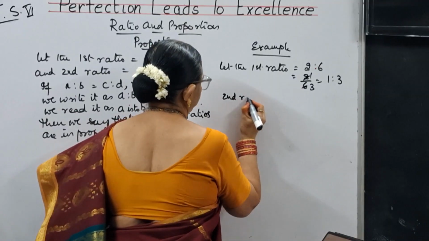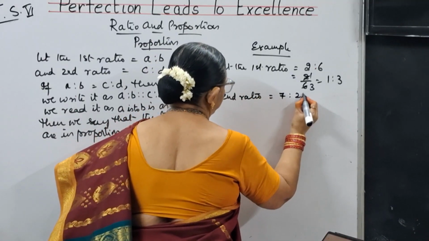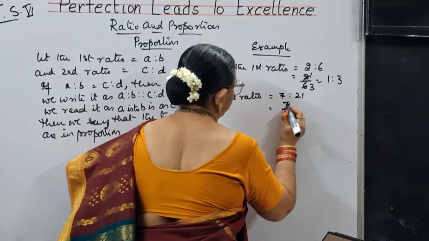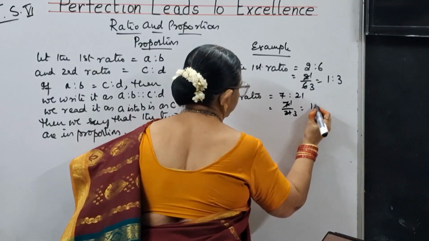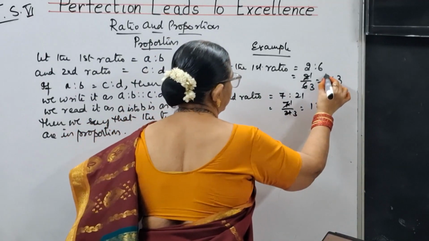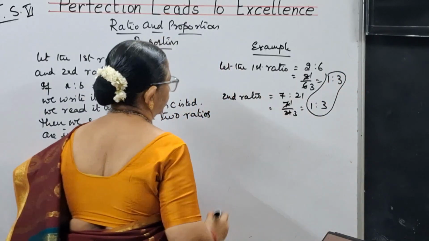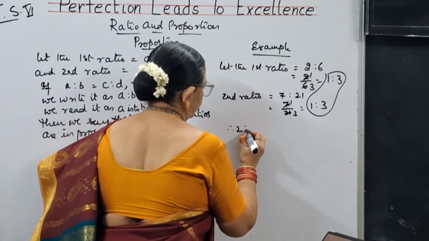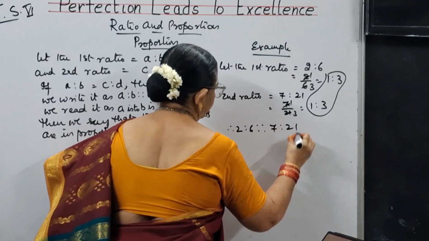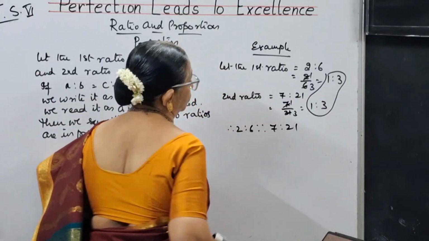Second ratio is equal to 7 is to 21. So we will write 7 by 21. That is also 1 is to 3. So since we are getting these two ratios as the same, we will say that 2 is to 6 is as 7 is to 21. These two are same ratios.